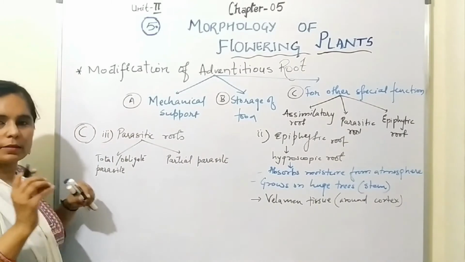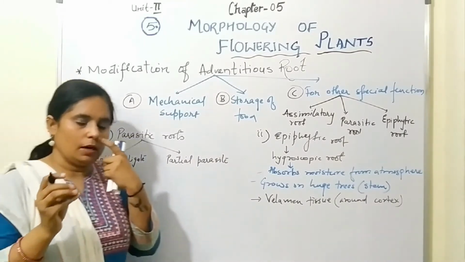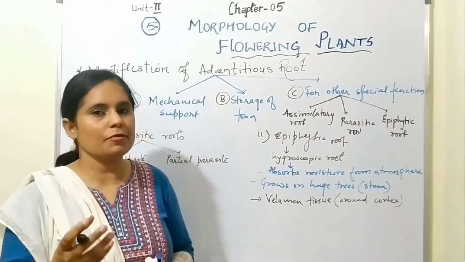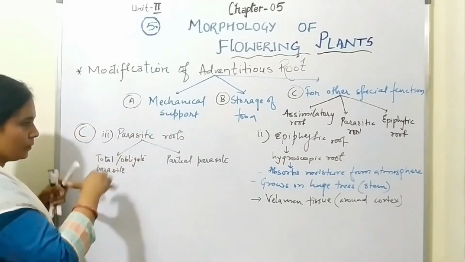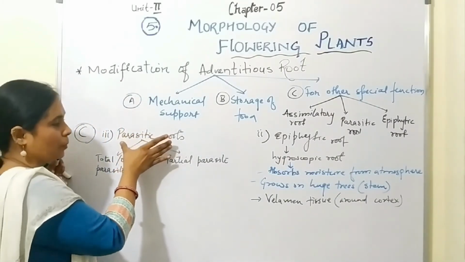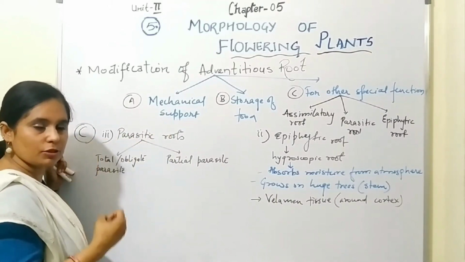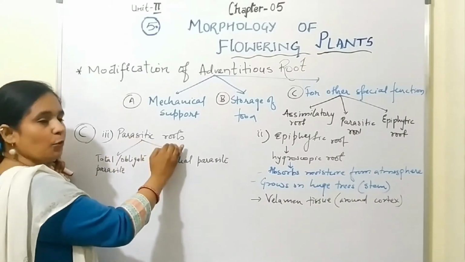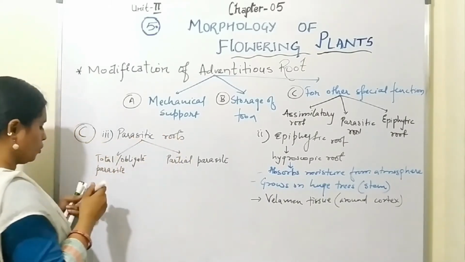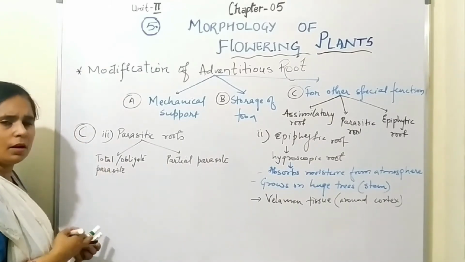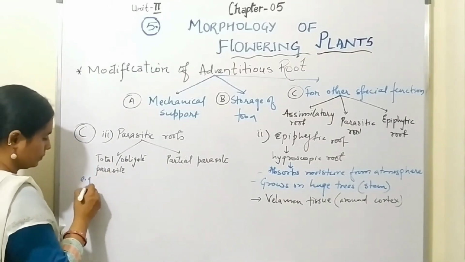There are some plants that withdraw food and nutrition from the host plant, and the part which helps in withdrawing the nutrition from the host plant is the root in this case. You have seen the example of Cuscuta.